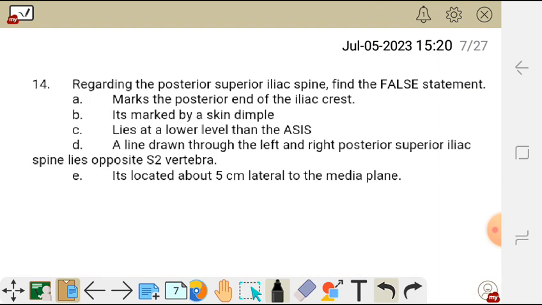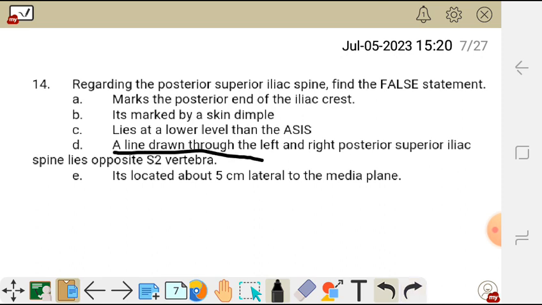Question 14. Regarding the posterior superior iliac spine, find the false statement. A. Marks the posterior end of the iliac crest. B. It's marked by a skin dimple. C. Lies at a lower level than the anterior superior iliac spine.